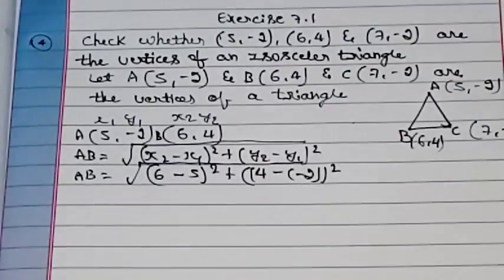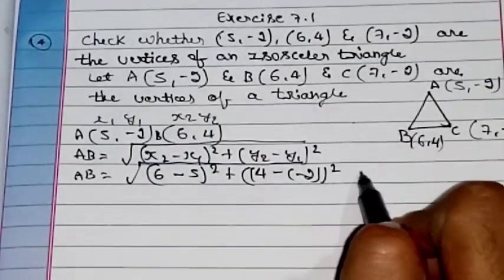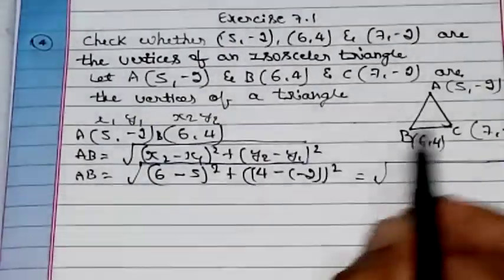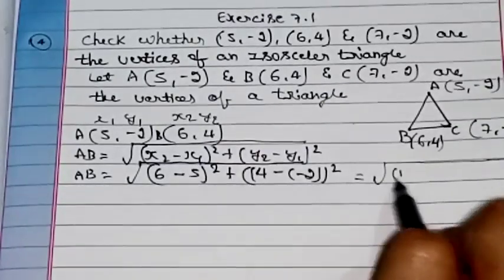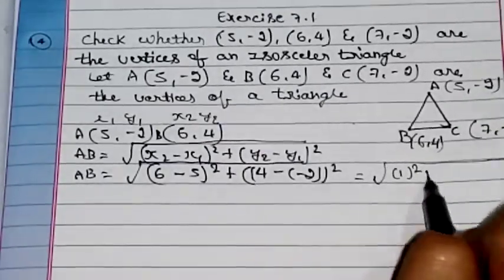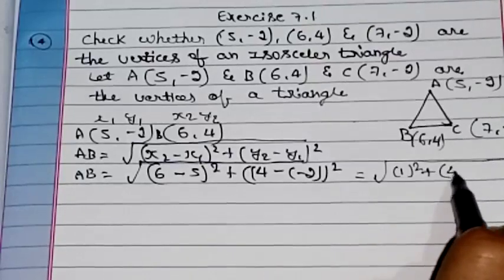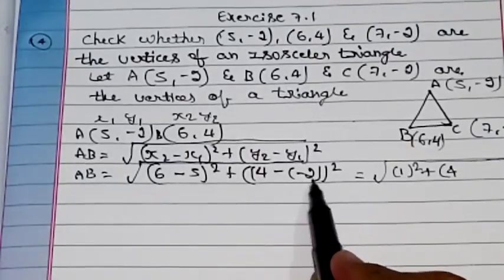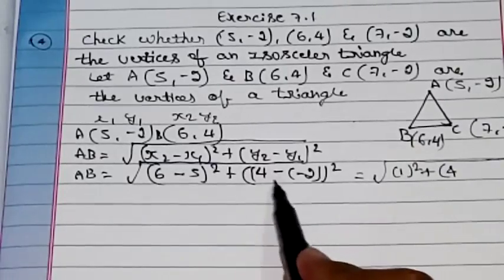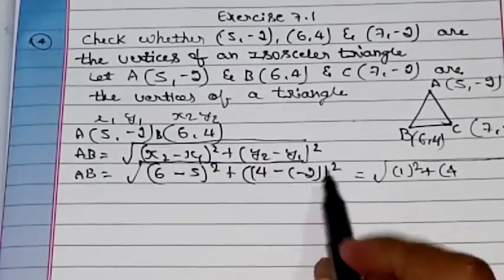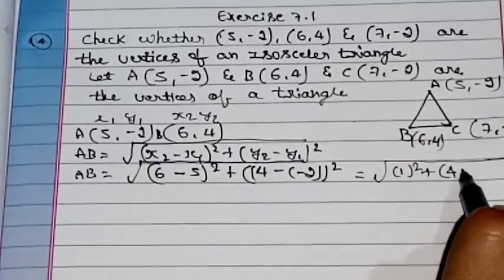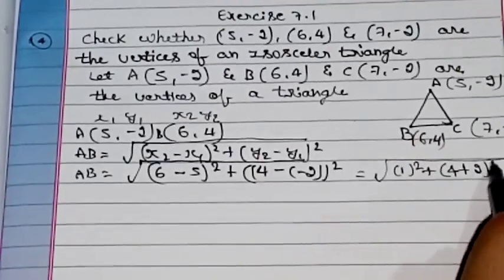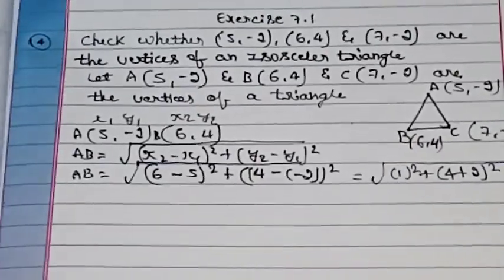Now simplify this. That equals the square root of 6 minus 5, which is 1, squared, plus keep the 4 as it is. Now you need to open the bracket, which means multiply the signs, right? Minus into minus is what? Plus. So write down plus 2 whole square, right, children?